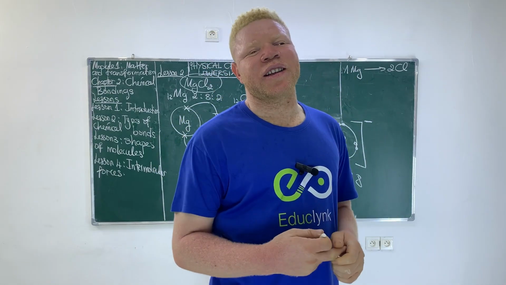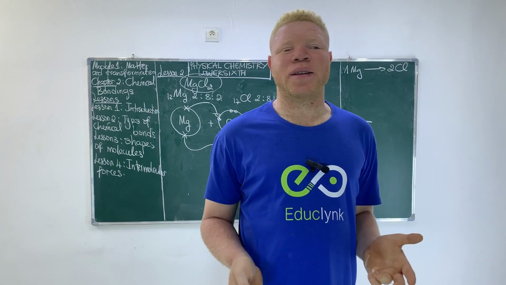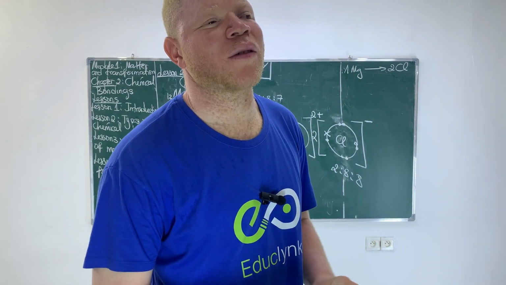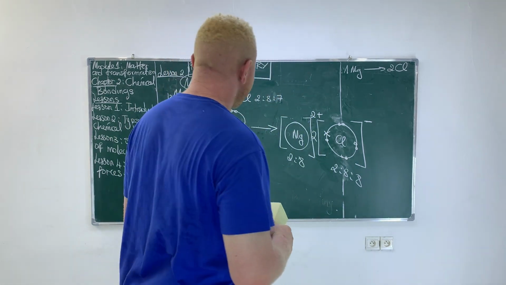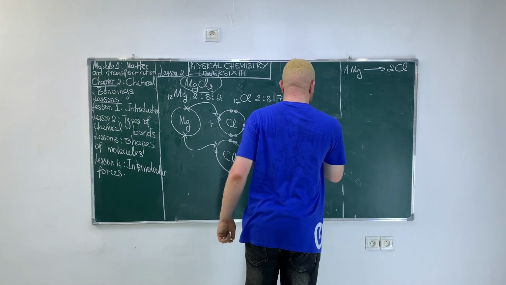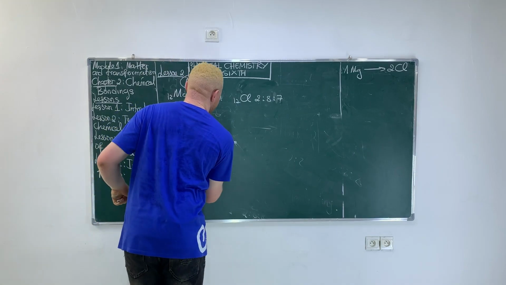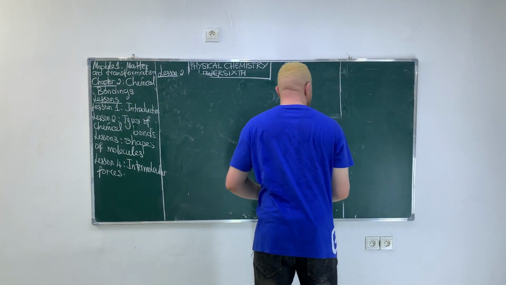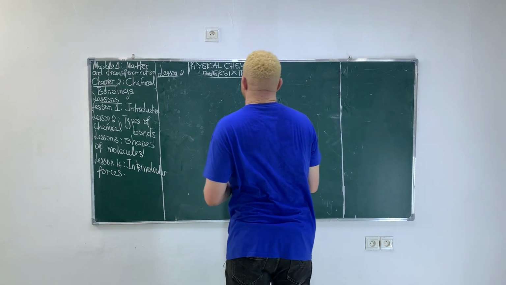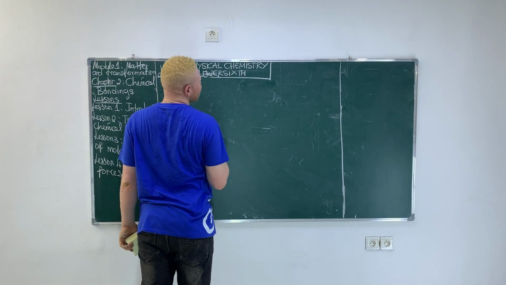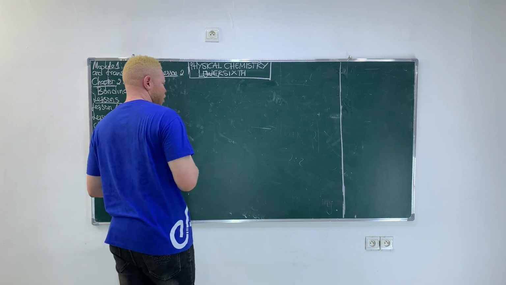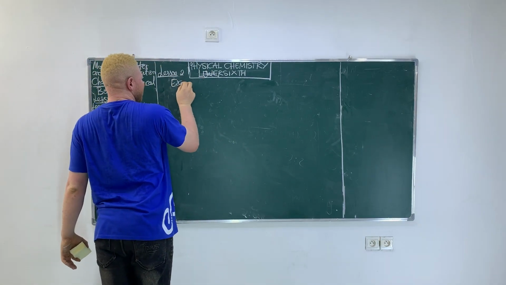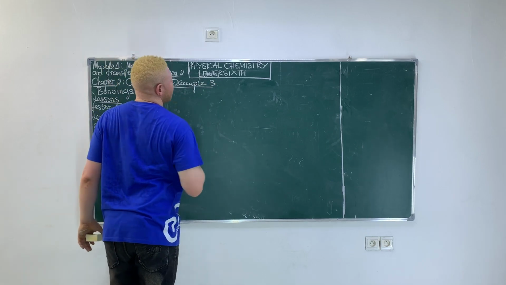So the next example, we're going to take an example of an oxide. Because we've been seeing chlorides ever since, sodium chloride and magnesium chloride, now we're going to see an example of an oxide.